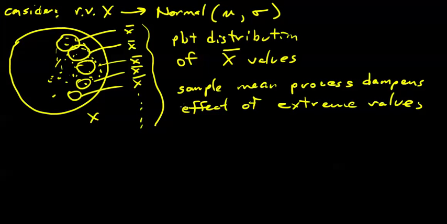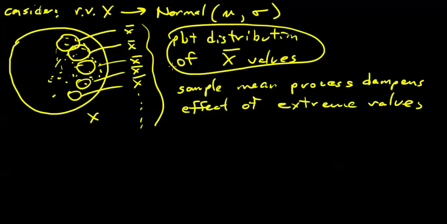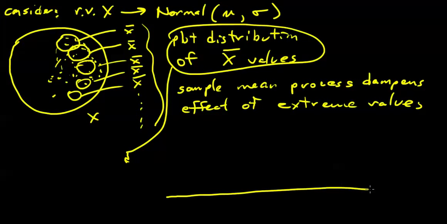If I plot the distribution of all these x bar values, the horizontal axis will represent all my possible sample mean values. Well, the graph will still peak at the population mean, but it will be a narrower distribution.